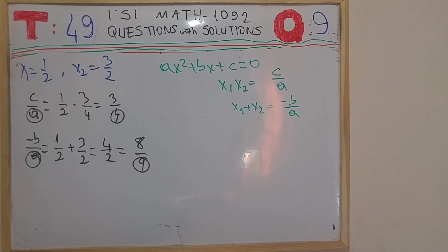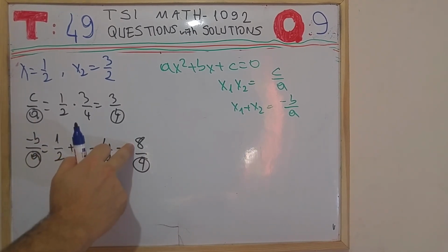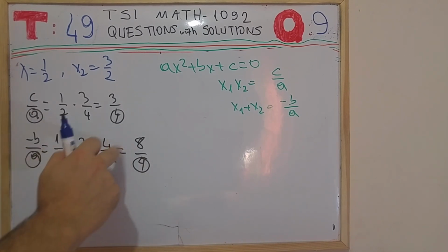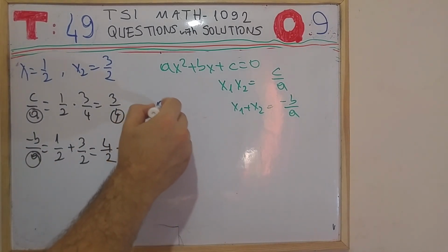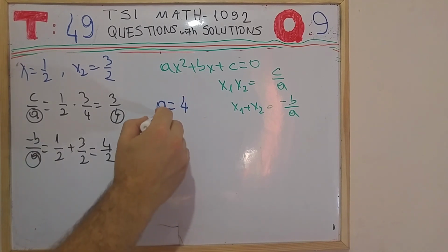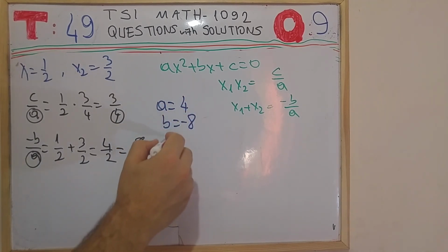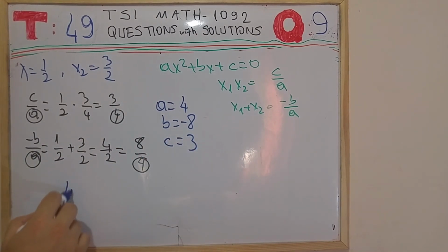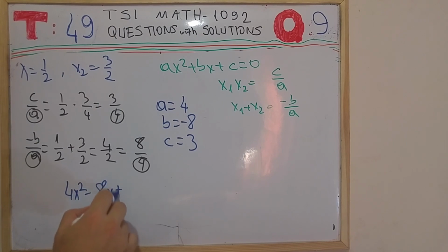Let's name that ratio now. If a is equal to 4, then b will be equal to minus 8, because minus b is equal to 8. Let me write those down. If a is equal to 4, b will be equal to minus 8, and c will be equal to 3. So the function would be 4x squared minus 8x plus 3 is equal to 0.